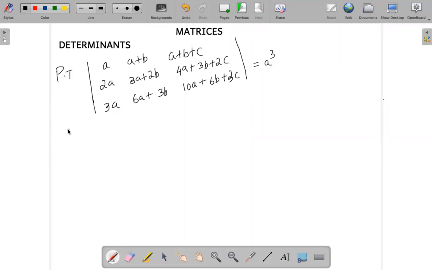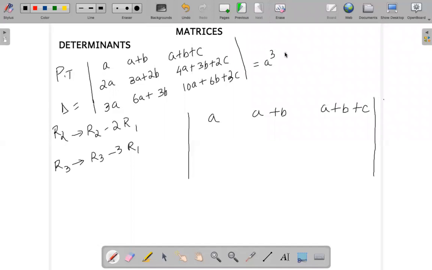Let us prove this now, which is equal to AQ. Now applying the operations on this. Let us consider R2 as R2 minus 2 R1, and let us consider another operation, R3 as R3 minus 3 R1, to the given determinant.